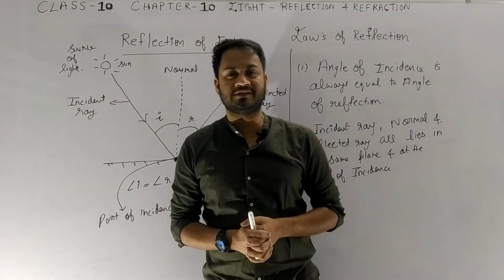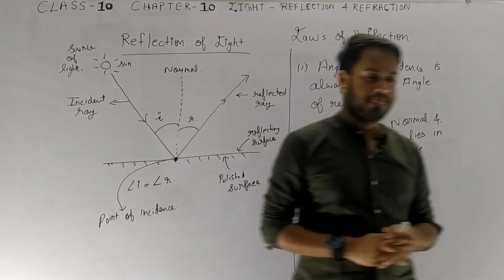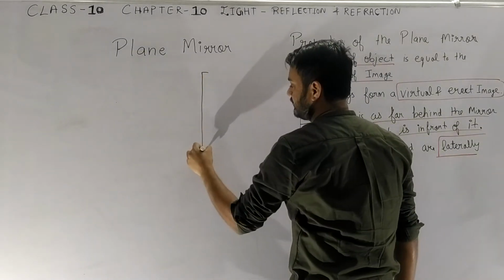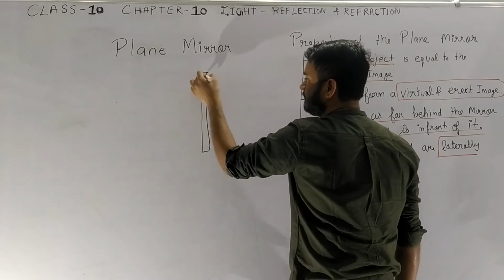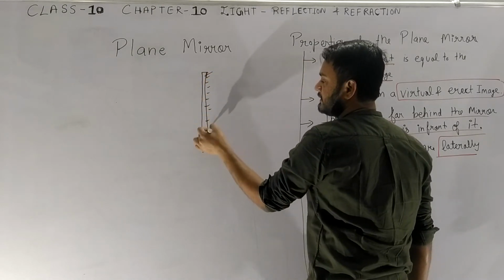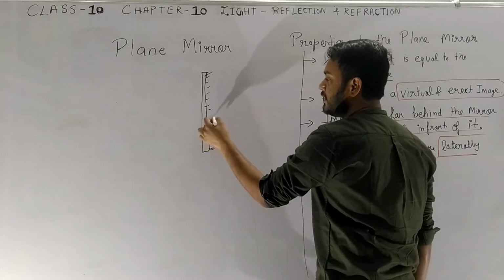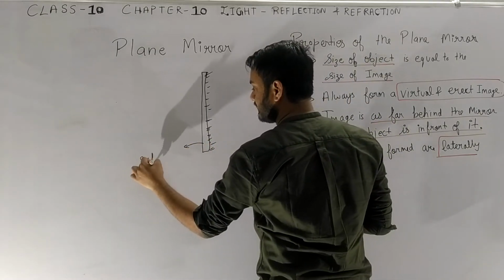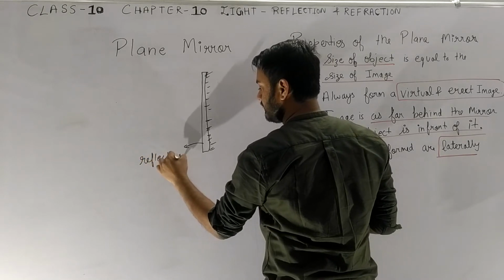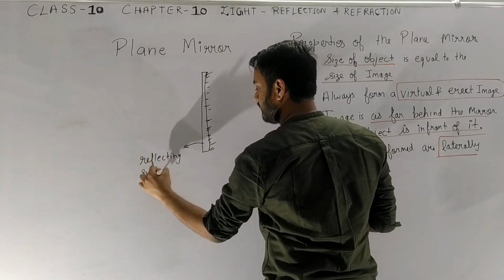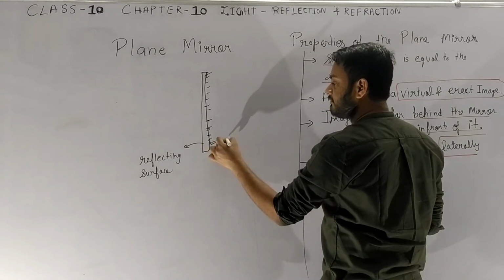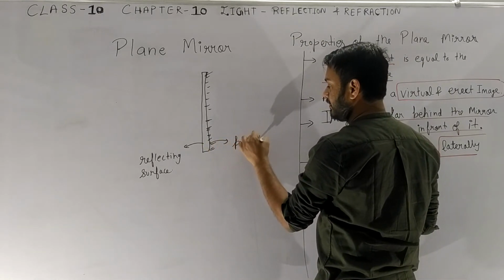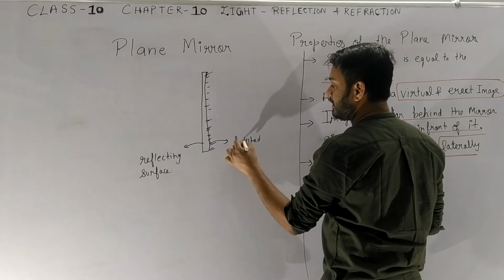Now the second topic is the plane mirror. Plane mirror कैसा होता है और कैसा दिखता है, we'll just see in this image. So this is a plane mirror in which one surface is a reflecting surface and the other surface is a polished surface through which light cannot pass.